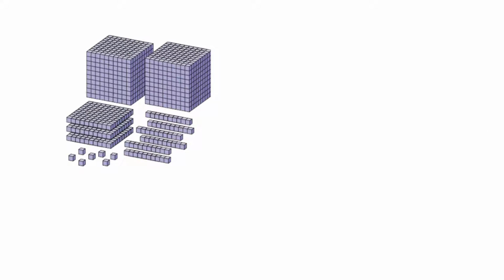So I can use these base 10 blocks to represent numbers, and I use the place names with the size blocks it is. So I have these 2 large cubes, which are the thousands. So I have 2,000. I have 3 of the flats, which are hundreds.